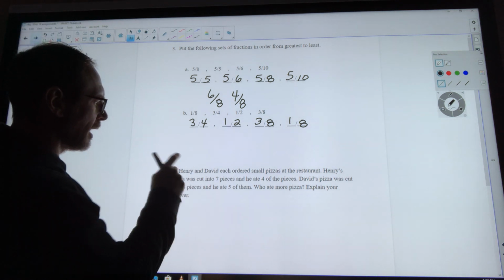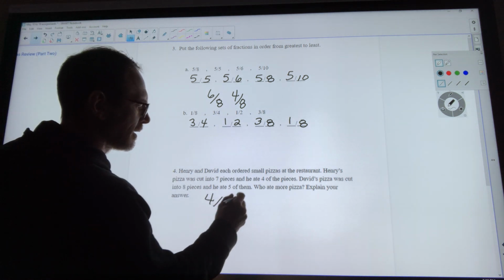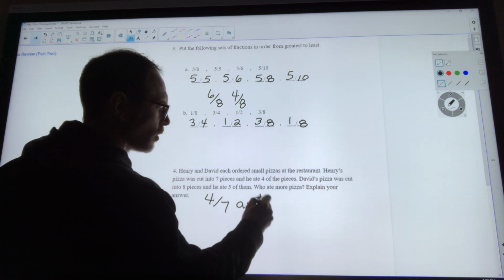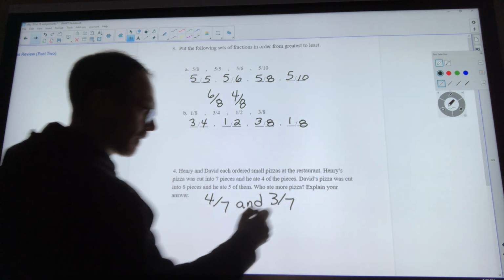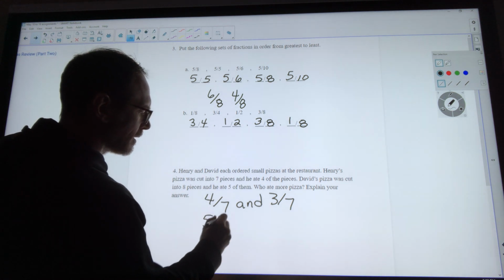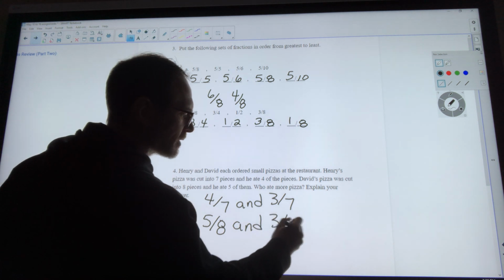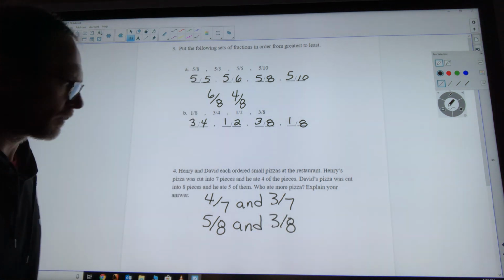So Henry has 4/7 that he ate and 3/7 left over. David ate 5/8, and so that means he would have 3/8 left over.